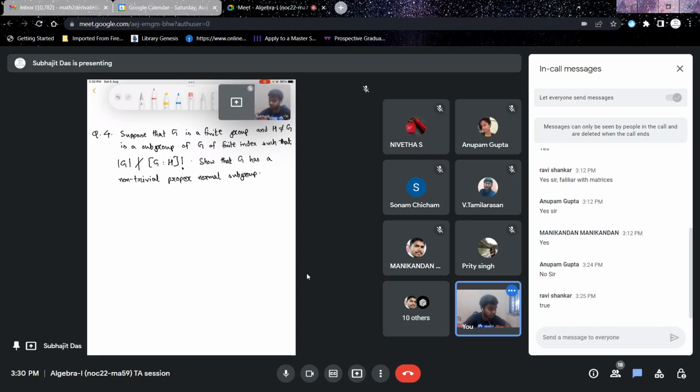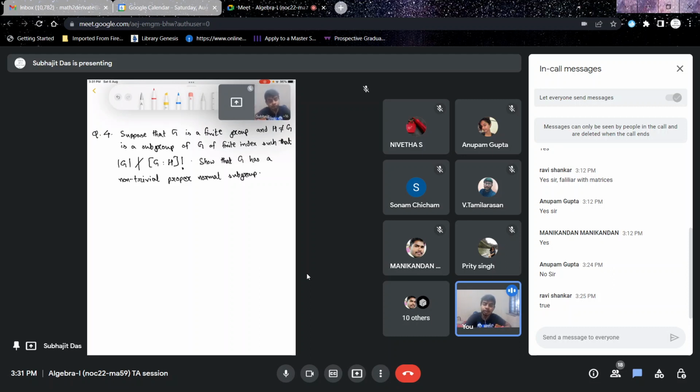Just keep this in mind: suppose that G is a finite group and you take a proper subgroup H of G which has finite index, that is, the number of left cosets of H in G is finite, and you also have the condition that the order of G doesn't divide the index of H in G factorial, that is, order of G doesn't divide [G:H] factorial. You are asked to show that G has a non-trivial proper normal subgroup.